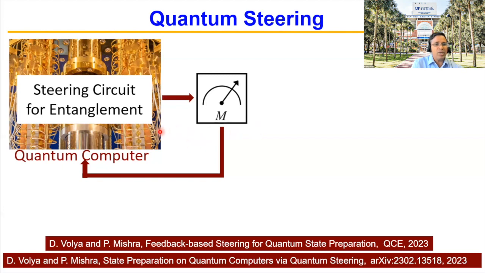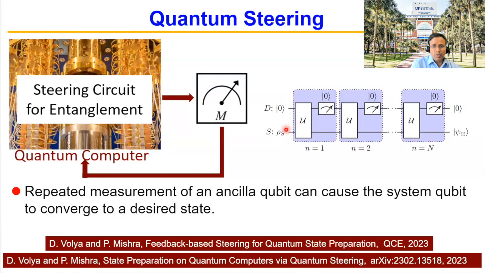So basically, if you have a state qubit which you want to steer, then you want to start with an auxiliary qubit and start measuring it. If you entangle them properly, then simply the act of measurement will guide this qubit to where you want it, to the target state or desired state.